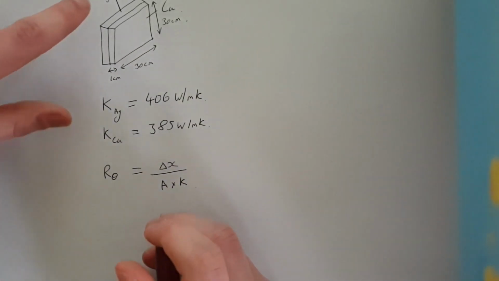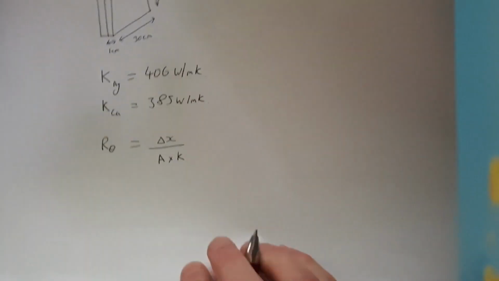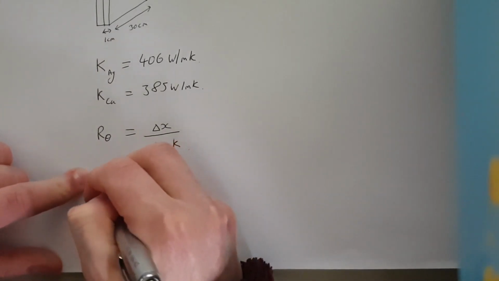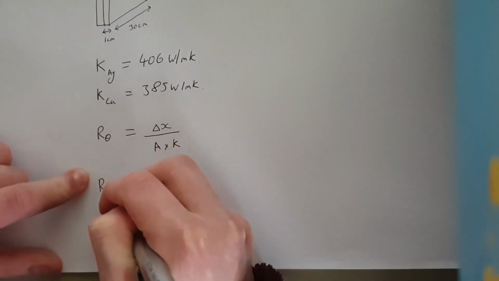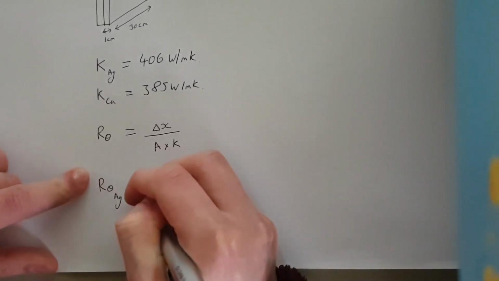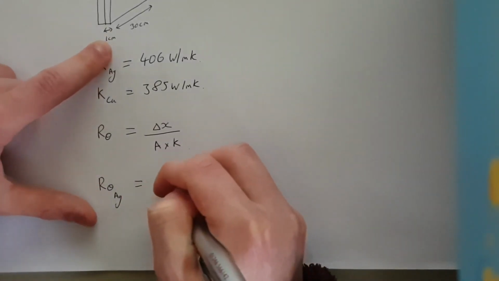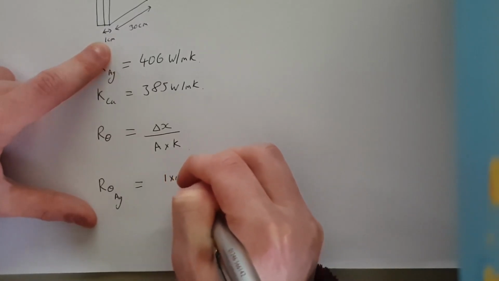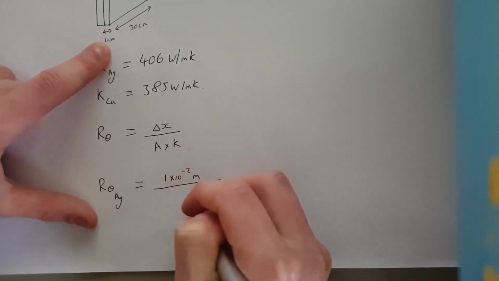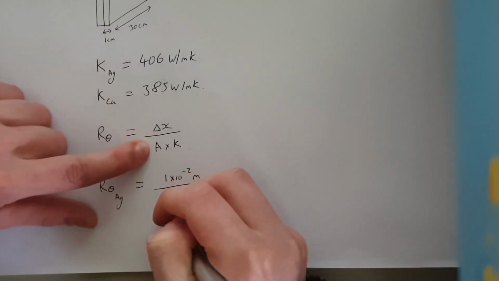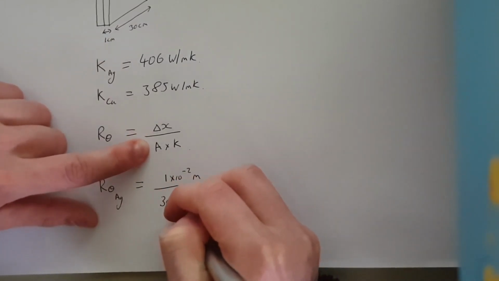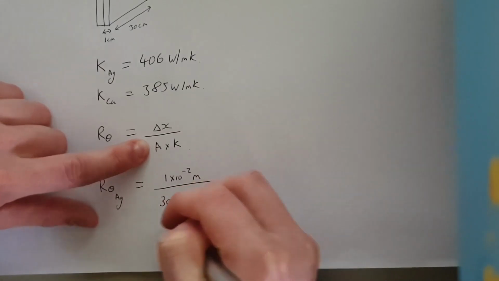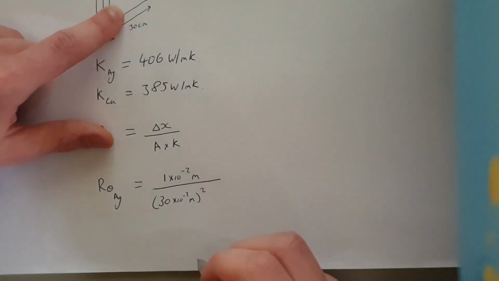So if we just look at the silver bit, we know the thickness, which is 1 centimeter, which we had here. So we can say R theta, I'm going to put a little Ag so we know it's silver, is equal to the thickness, which is 1 centimeter. So that's 1 times 10 to the minus 2 meters, divided by A, which is 30 times 10 to the minus 2 meters squared, because that's the area of this square.